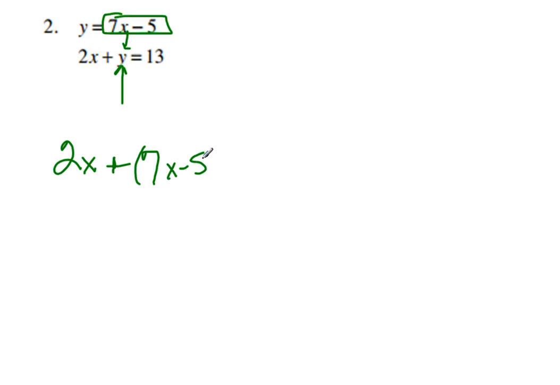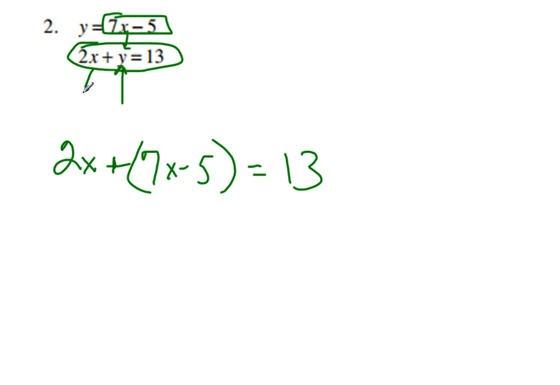Maybe I'll put parentheses around it to show you that this was a big y before. 2x plus y, okay? So that's 7x minus 5 here equals 13. So if it's confusing, all I did is recopy this whole equation. 2x is right there, the 13 is right there, the equals is right there, the plus is right there, and instead of y, I wrote this quantity.